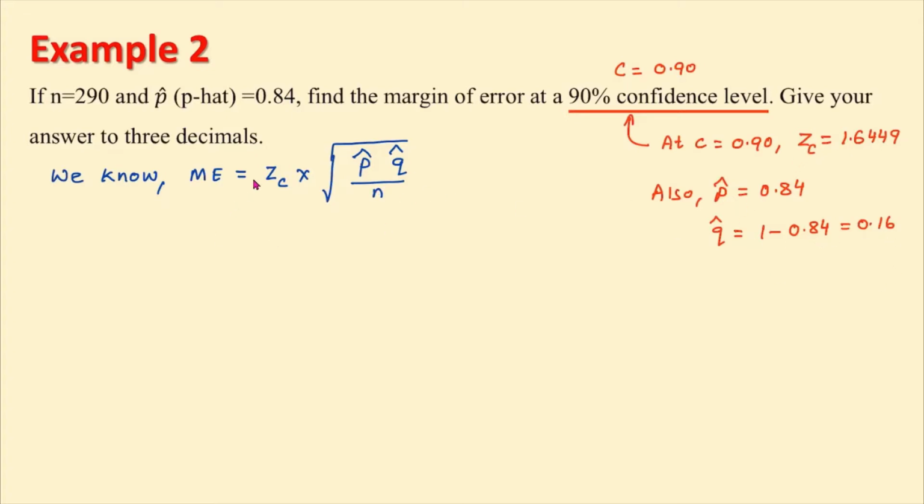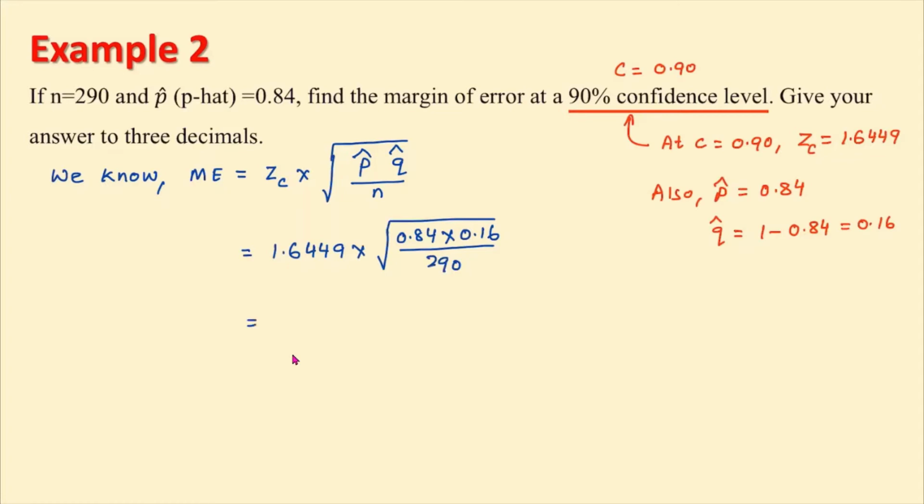Once we have this Z critical, once we know the P hat and Q hat and also this N, which is given here in the problem as 290, we can plug in here to find the margin of error. So this is equal to Z critical, 1.6449, multiplied by the square root of P hat, 0.84, times Q hat, 0.16, and then the value of N is 290.